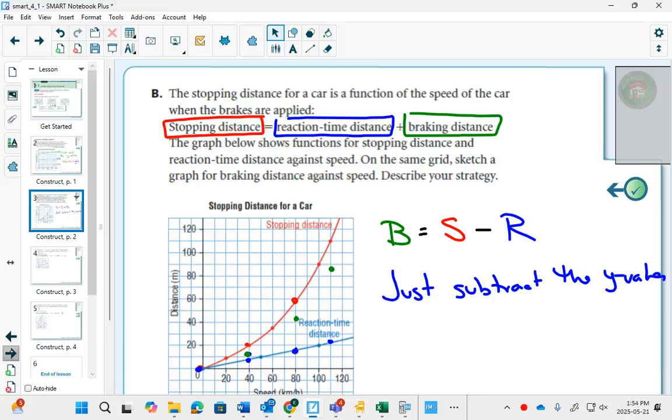Slam on your brakes, and you don't skid at all. And then your green point would also be zero. Kind of makes sense, right? That would be describing that situation. If we join these ones all the way through, that would be our braking distance function. We just took one function and subtracted the other.